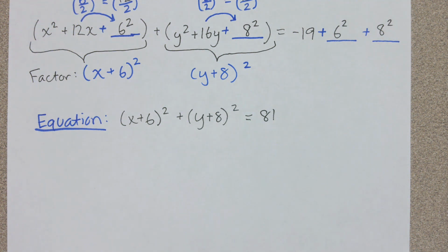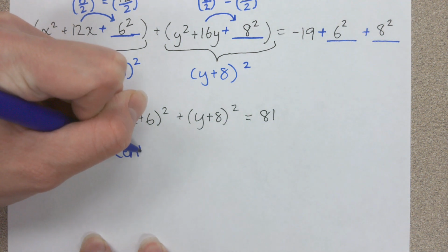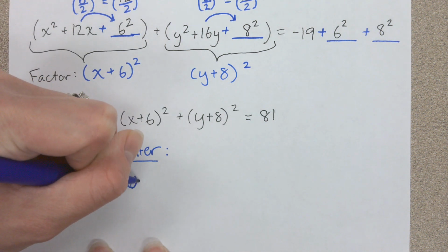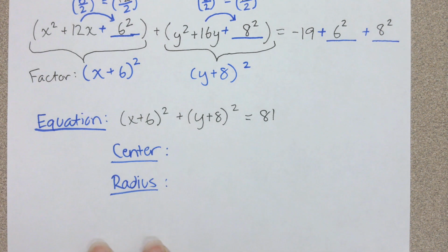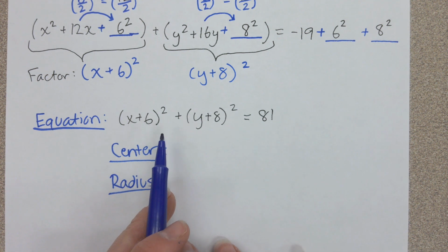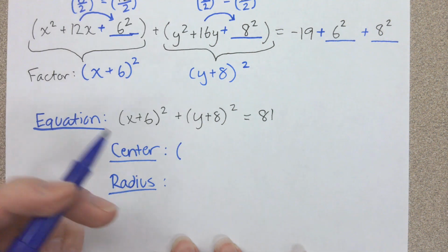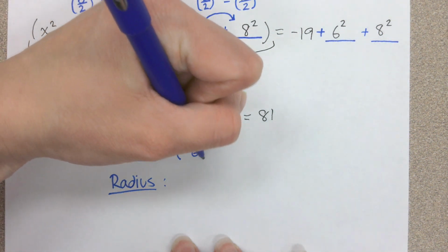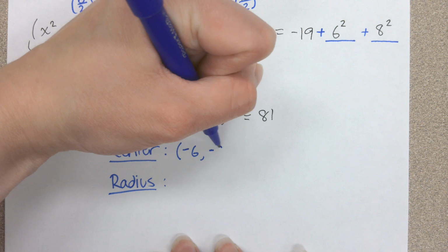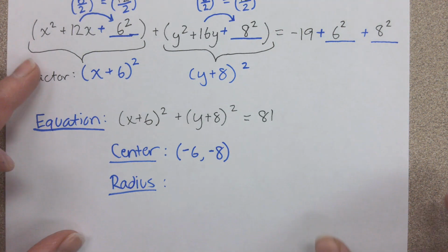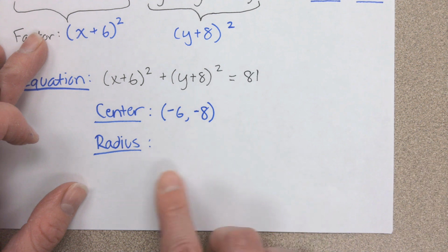There's the equation. And then identifying center and radius. The center, reminder, the trick is to change the signs when you pull them out for the center. So instead of positive 6, it's negative 6. And instead of positive 8, it's negative 8. Finally, the radius.